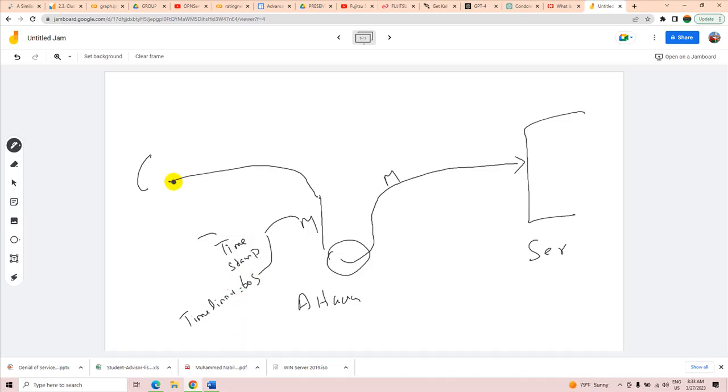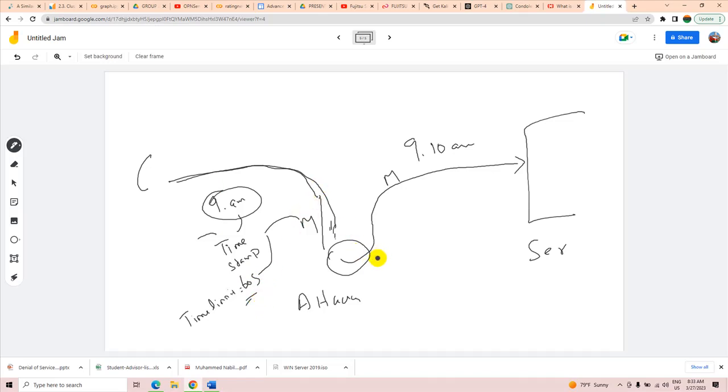So this message starts, okay, at 9 a.m. timestamp, and let's say this attacker is sending at 9:10 a.m. So using the timestamp, the server can reject the message because the timestamp says 9 a.m. this message was created and its validity is only for 60 seconds.